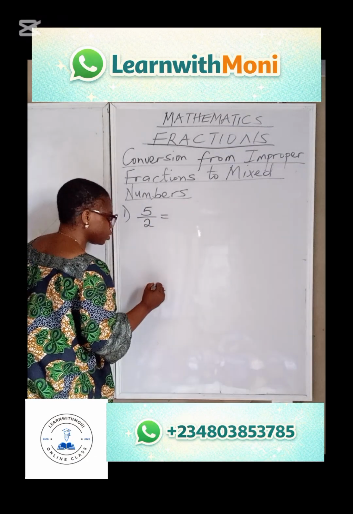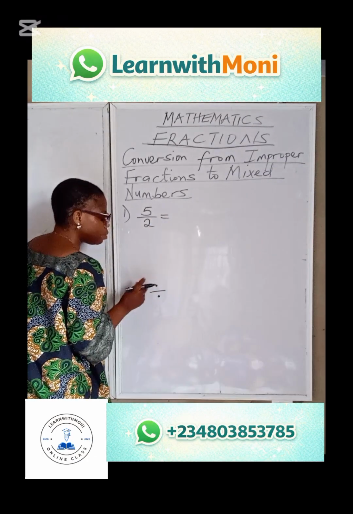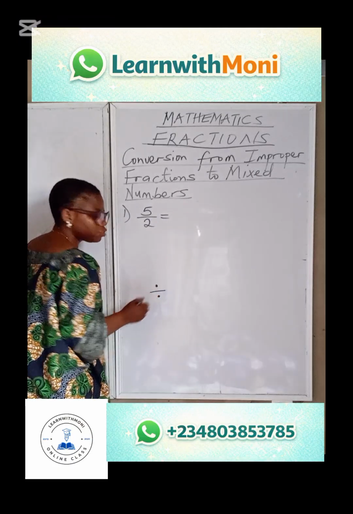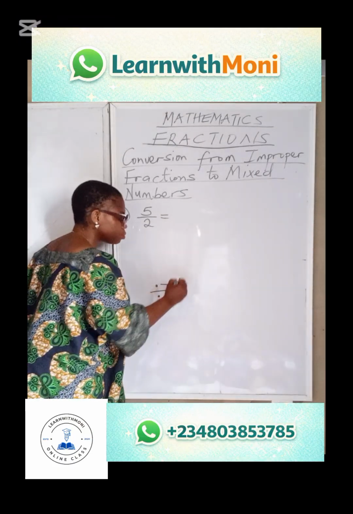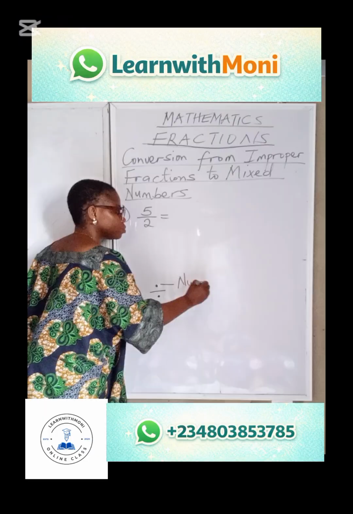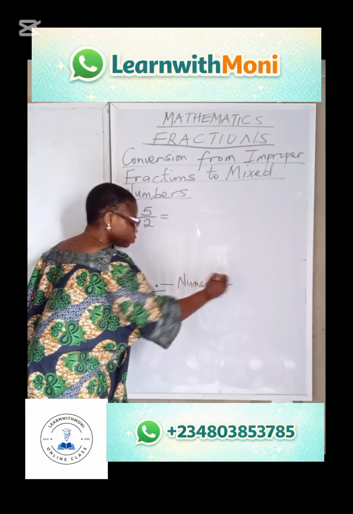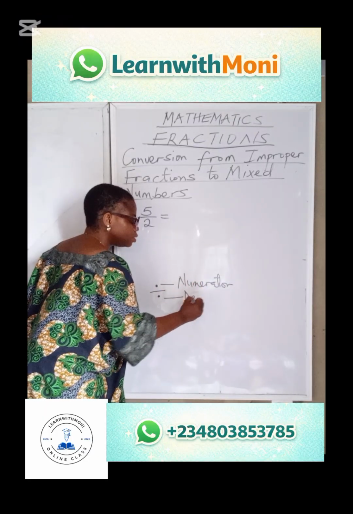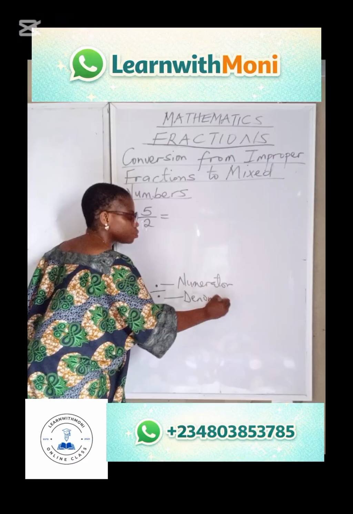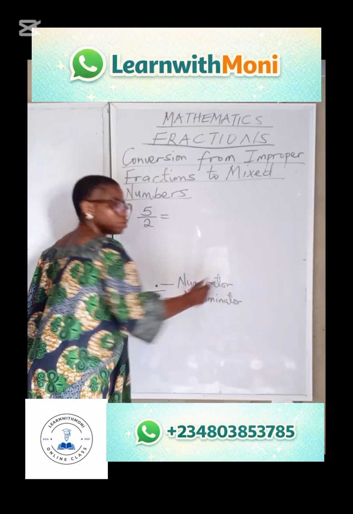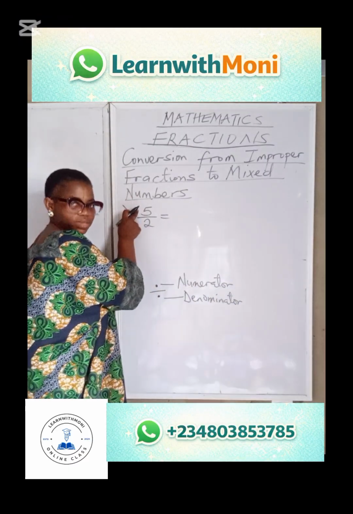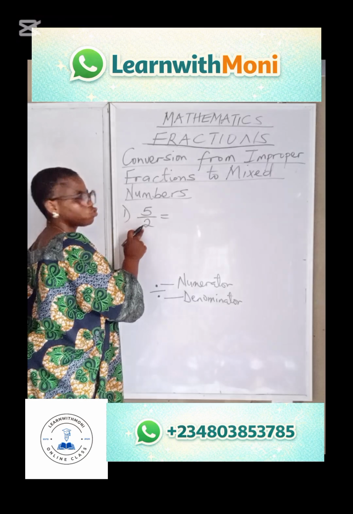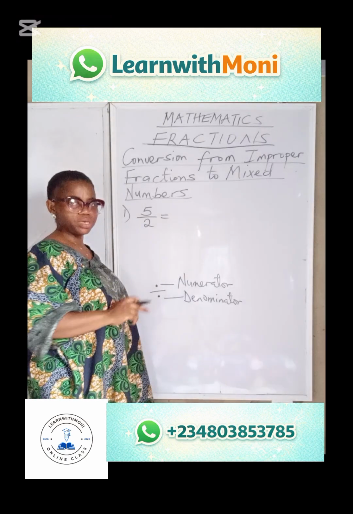Imagine this is our division sign. The dot at the top is representing the numerator, and the dot at the bottom is representing the denominator. Just like this 5 is the numerator and this 2 at the bottom is the denominator.